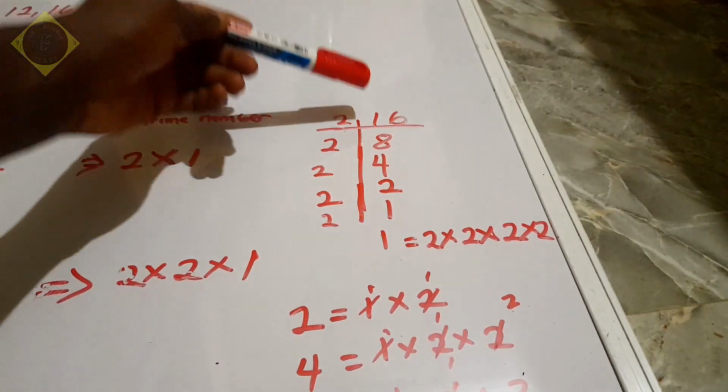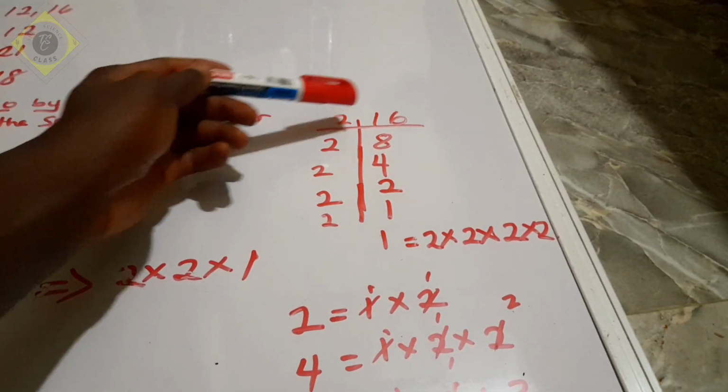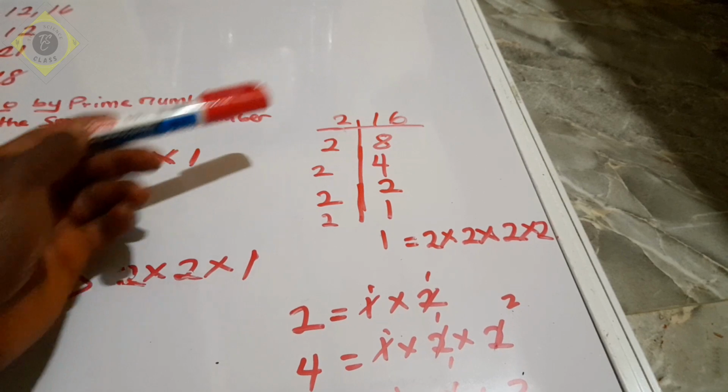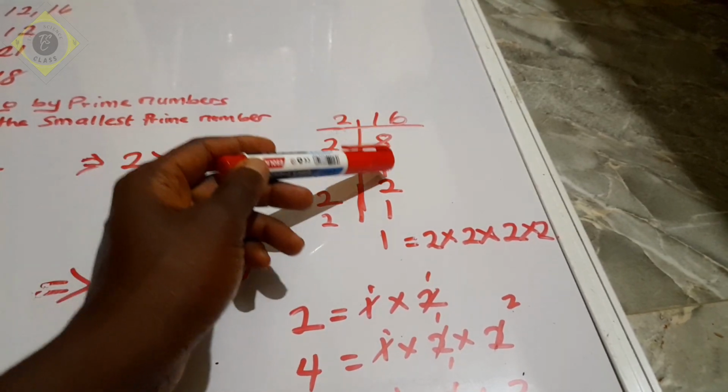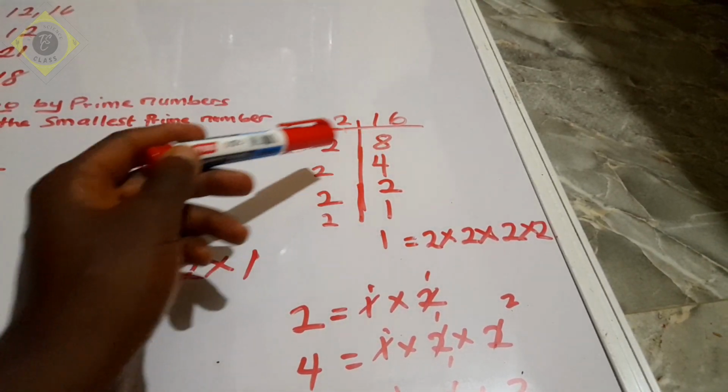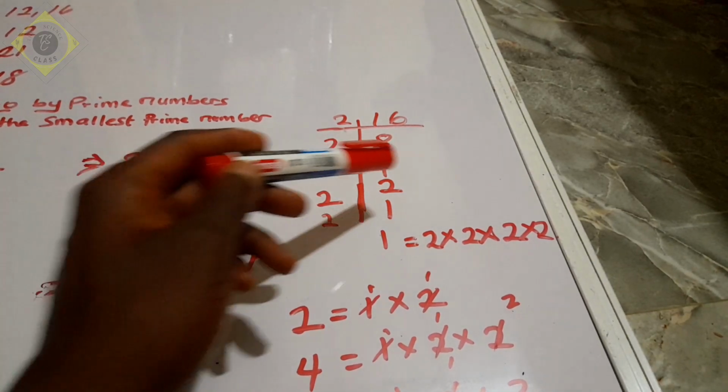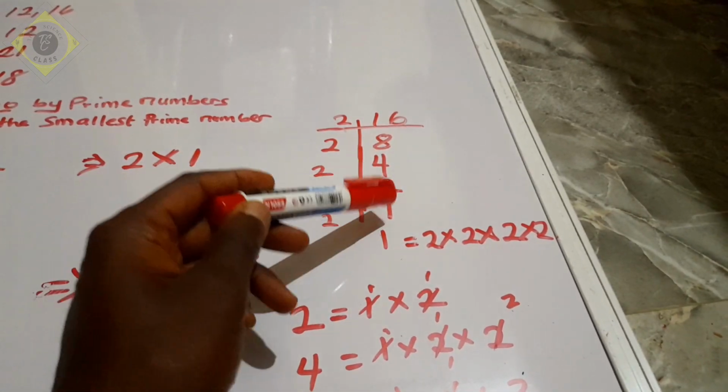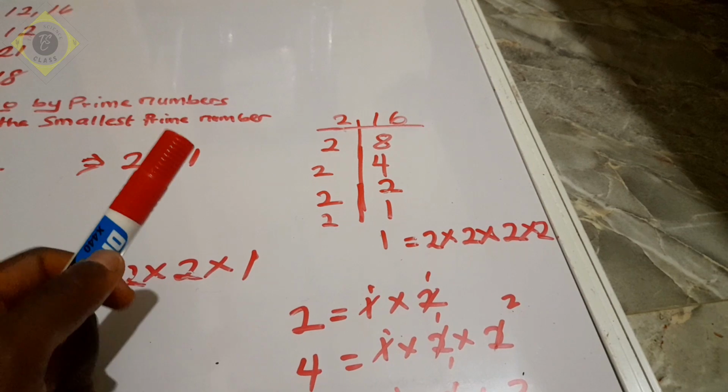So quickly here, 16 divided by 2 gives you 8. 8 divided by 2 gives you 4. 4 divided by 2 gives you 2. 2 divided by 2 gives you 1. Understand?